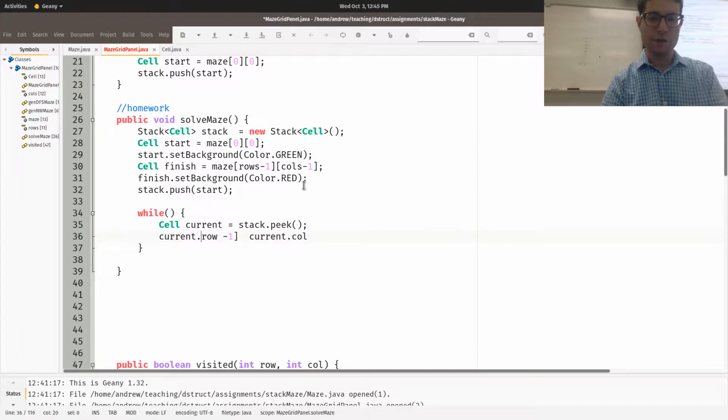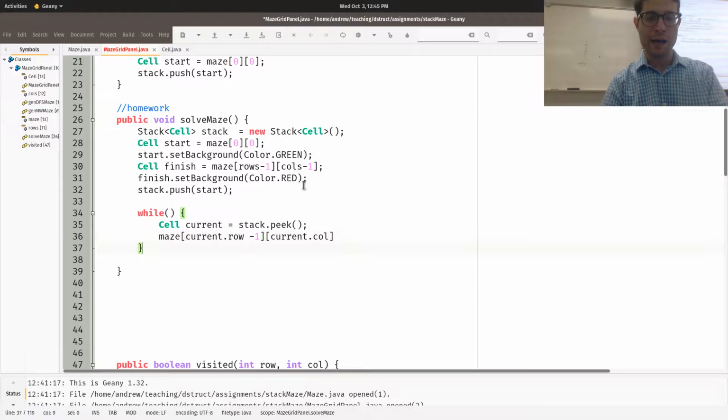Fortunately for us, I've provided you with this handy-dandy array of cells, and this would give you the cell to the north of you.